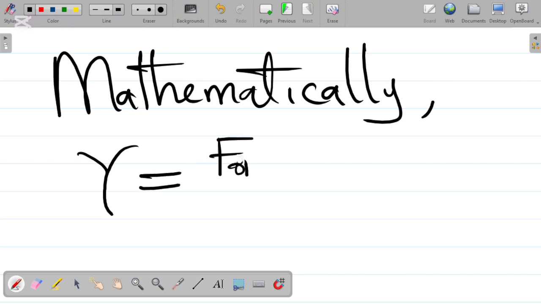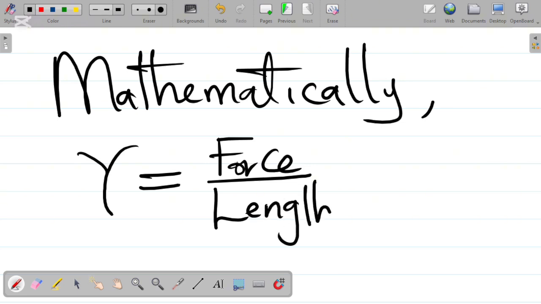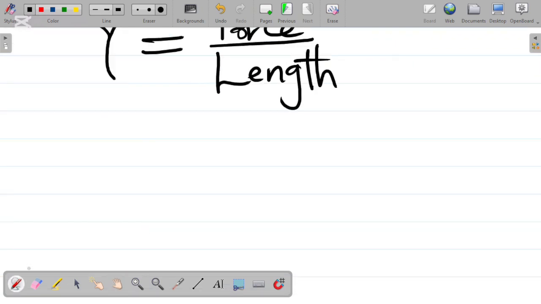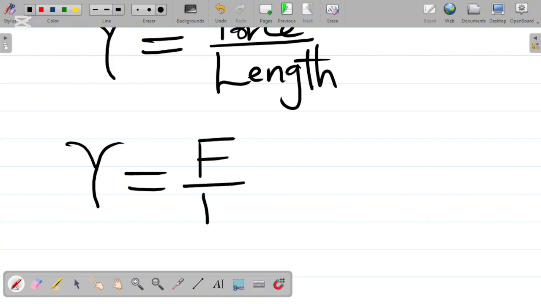Force all over what? Length. Surface tension is equal to force all over length. So gamma is equal to F all over L. Alright, so let's call this equation 1.